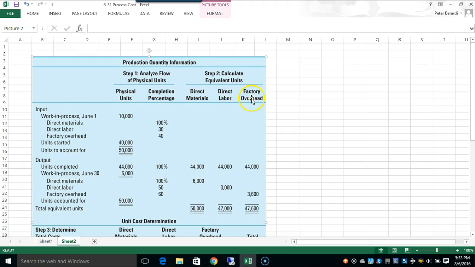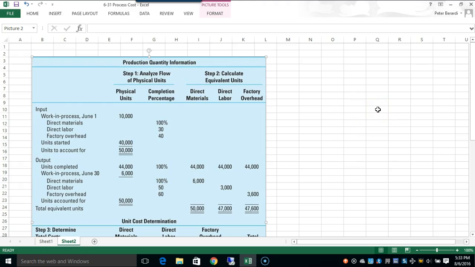factory overhead separately. And you will see this once in a while, and it's very feasible that a company's equivalent units as a percent complete may very well be different for direct labor or factory overhead, which you are given in this problem right here.